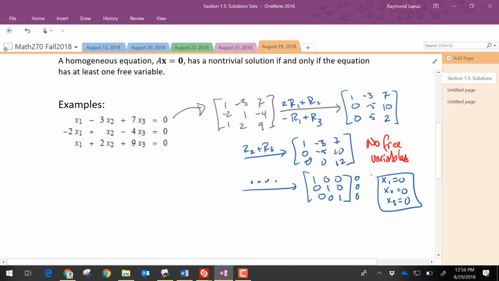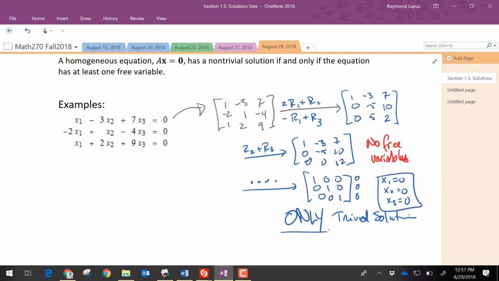That is our trivial solution. So we got what we were guaranteed, but we didn't get anything else. So this has no non-trivial solutions, only the trivial solution. Okay.